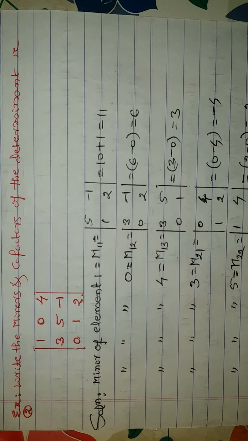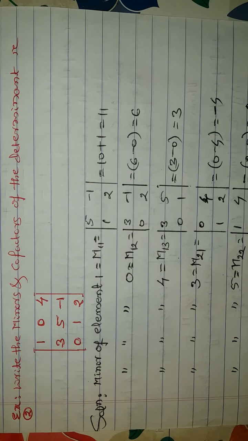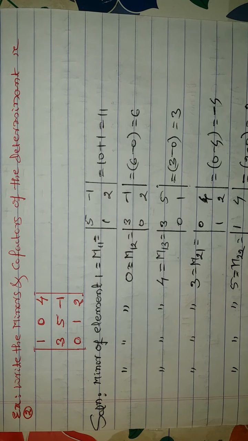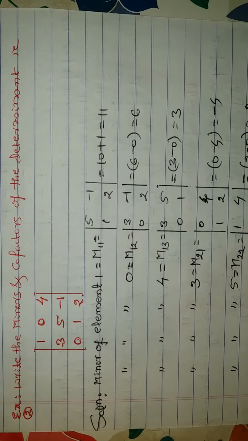You know very well about the definition of minor and cofactor from earlier, and also you know how to find the minor of an element A11, A12, A21, A22 like this, second order determinant in the previous example. But now this is a third order determinant, to find the minors and cofactors of each element.